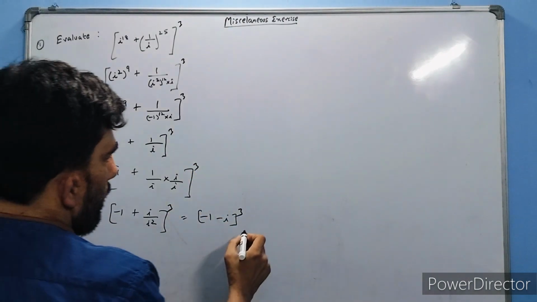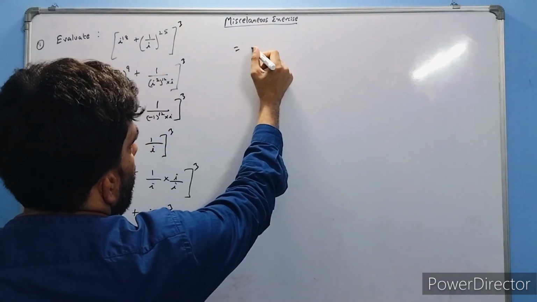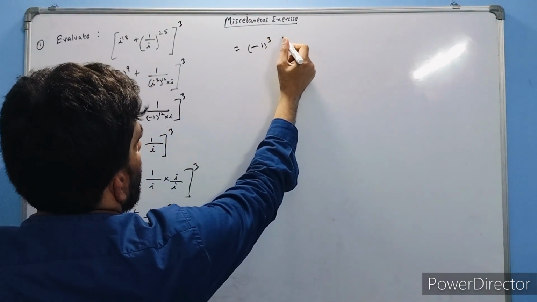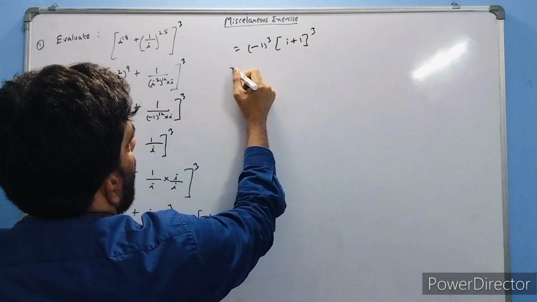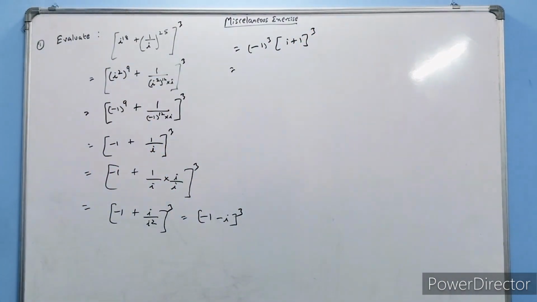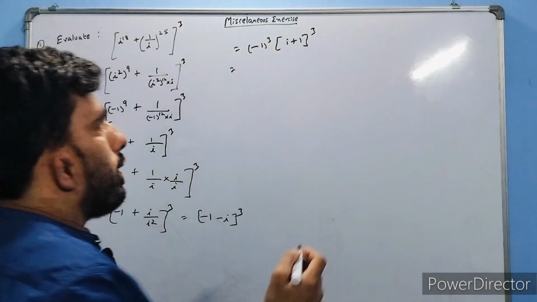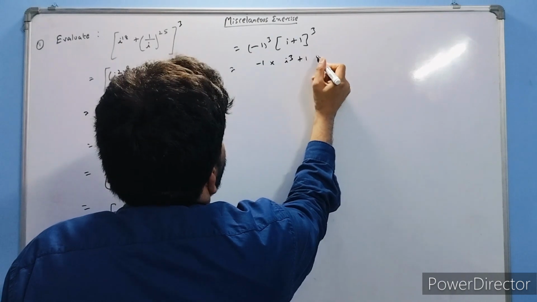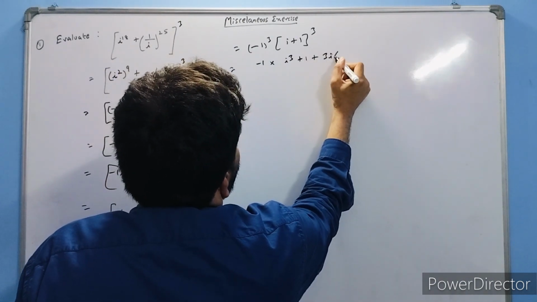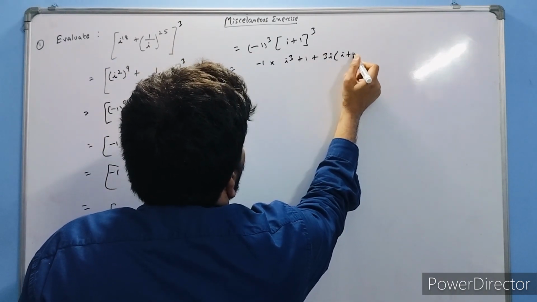Now what we can do here, similarly we can take -1 common, and we have (i plus 1) whole cube. Now we know the formula for (a plus b) whole cube, that is a cube plus b cube plus 3ab into (a plus b).